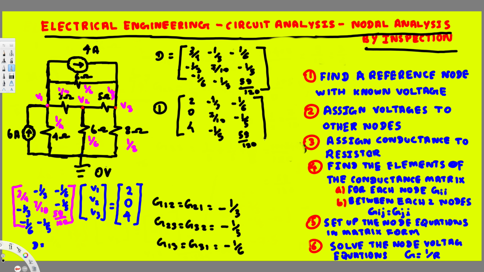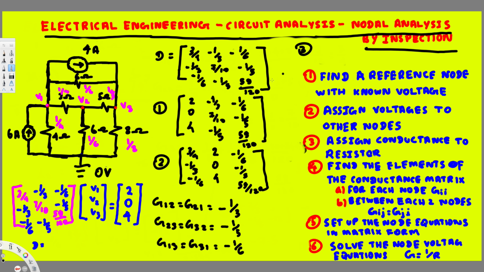For the second one, you swap with the second column and the first column remains the same: 3 over 4, minus 1 over 3, minus 1 over 6, the second column is 2, 0, 4, and the third column is minus 1 over 6, minus 1 over 5, 59 over 120, and you find the determinant. You do the same thing for the third one: swap with the third column and find the determinant.